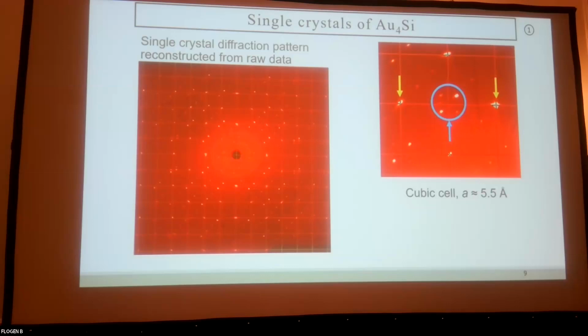If you run an automatic search for a cell, what you get is a body-centered cubic cell with these lattice parameters of about 5.5 angstrom, but a closer look shows that this is actually not the right solution, because around this extinct reflection there are in fact superstructure reflections, and also the intensity here is unbalanced, pointing towards a deviation from a cubic symmetry.